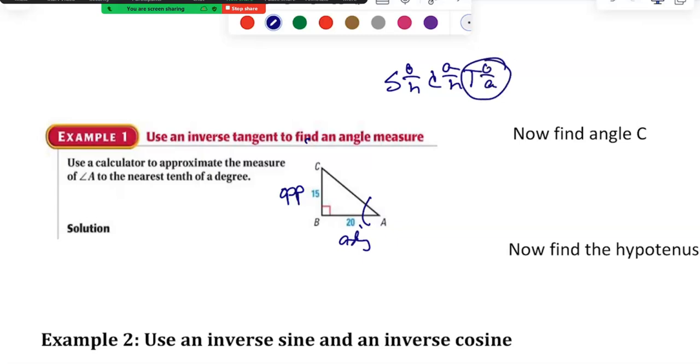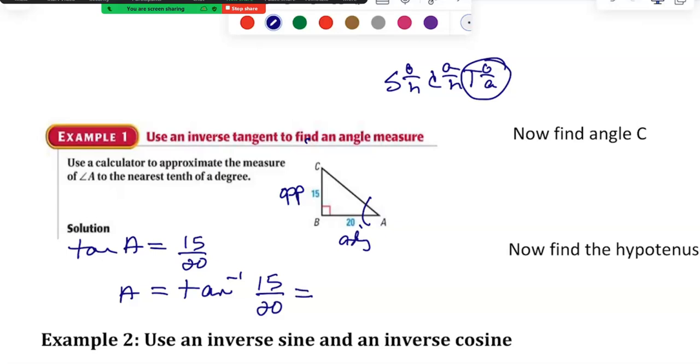That makes sense since I've been given the opposite and the adjacent. So the tan of angle A equals 15 over 20. Therefore, I can derive angle A by doing the inverse tan of 15 over 20 in my calculator.